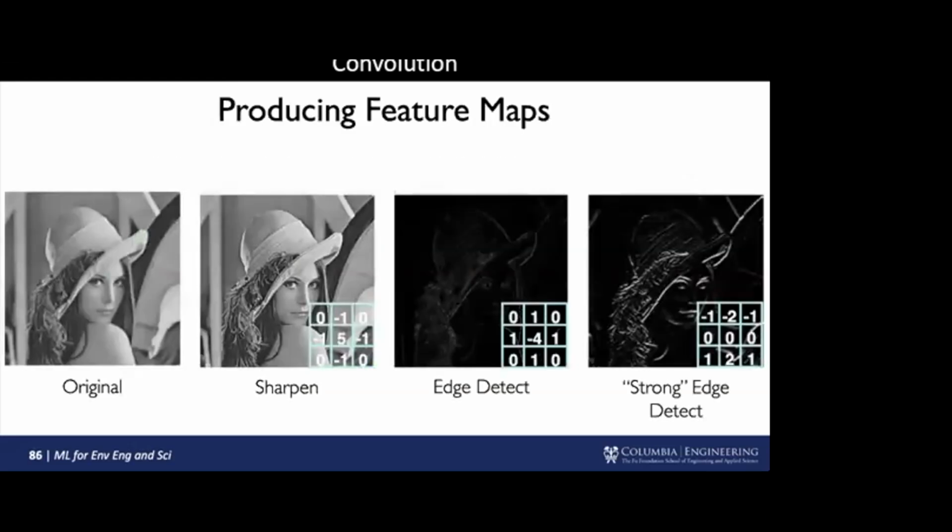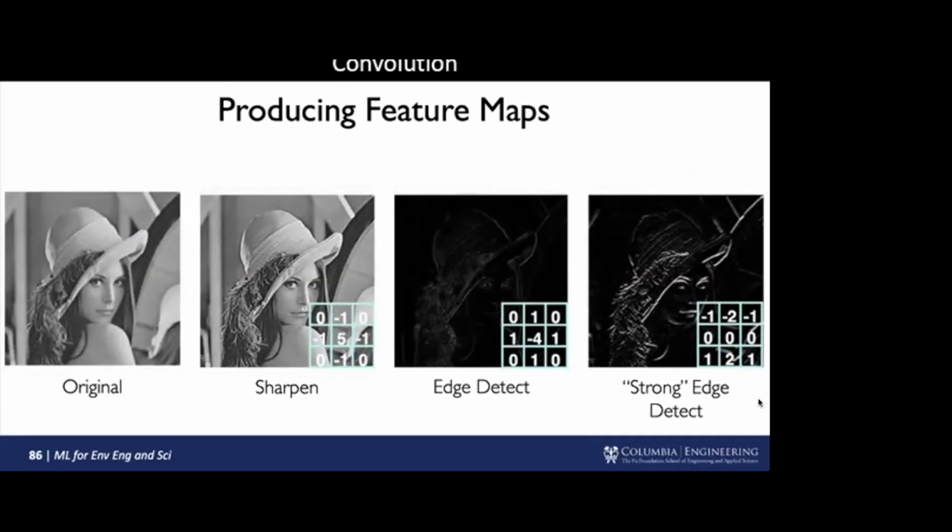Each convolution filter produces a feature map, as we just did in the calculation. On the left we have the original image. When we apply different filters, we get different feature maps. For example, we can sharpen the image. A sharpen filter enhances fine details. Here we have an edge detection matrix, which highlights the boundaries.